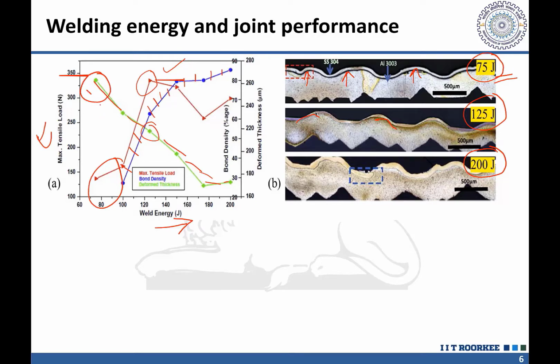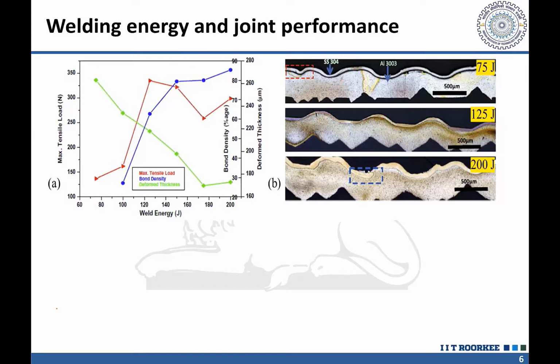On one hand, the sheet metal thickness is getting decreased. On the other hand, the bond strength is getting increased. So we have a very unique situation. With the increasing weld energy, the deformed sheet thickness is getting decreased, while the bond area or the bond interface joining, which is being quantified, and similarly the joint strength, is also increasing.